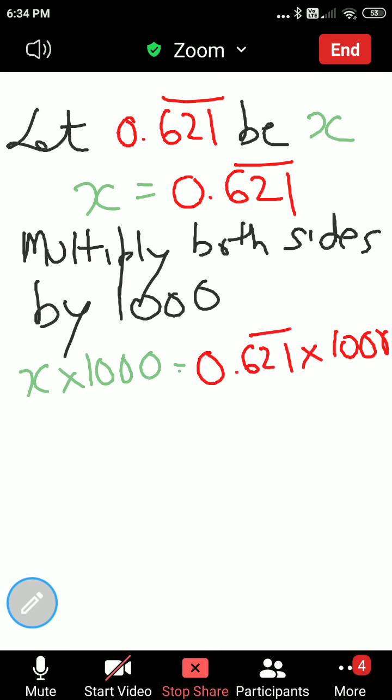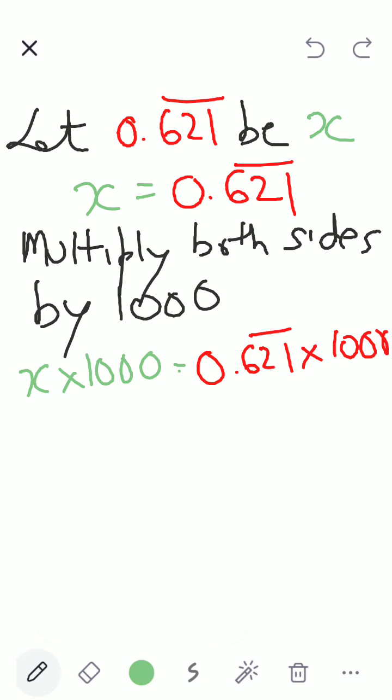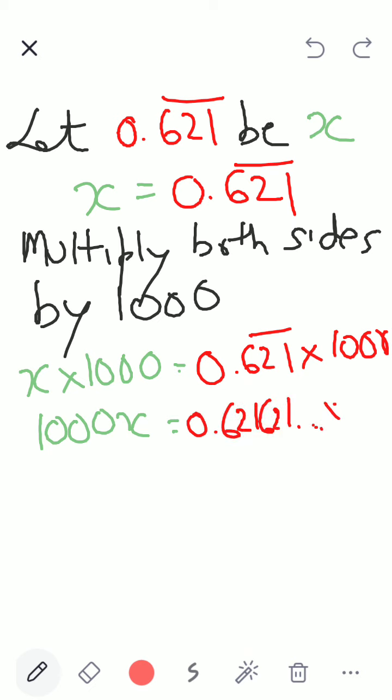So I will write this as 1000x is equal to 0.621621 dot into 1000.